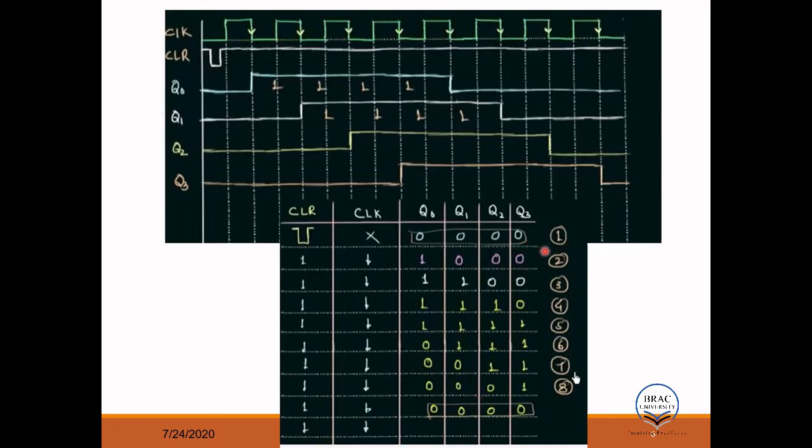If you look here, four 0s, then three 0s, two 0s, one 0, then all 1s, again one 0, two 0s, three 0s, four 0s. It's following a pattern actually, right? So this is a special kind of counter. This is called the Johnson counter.